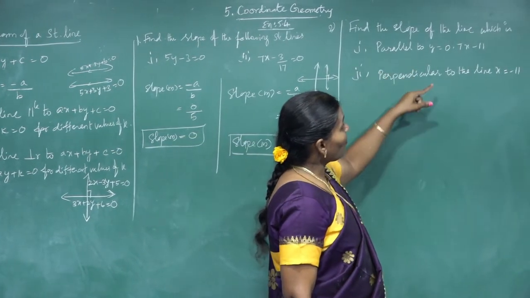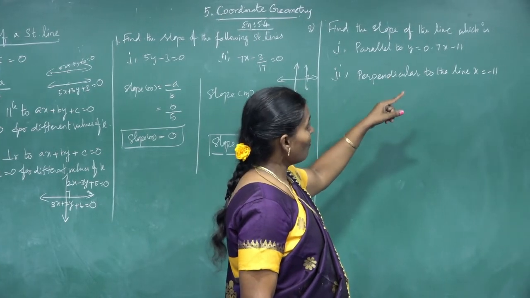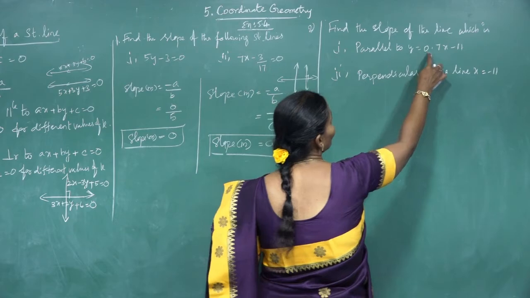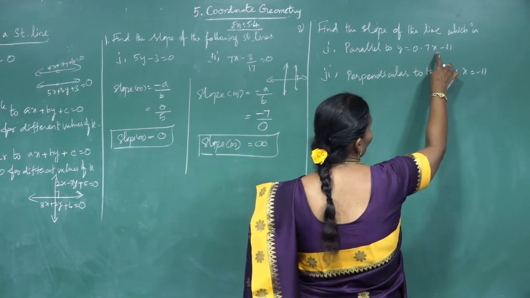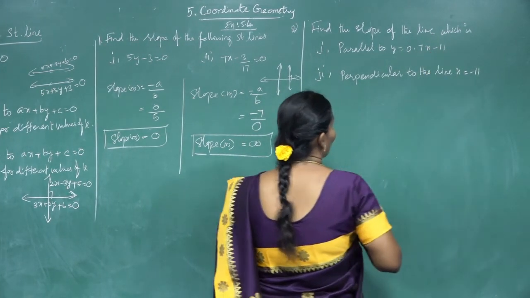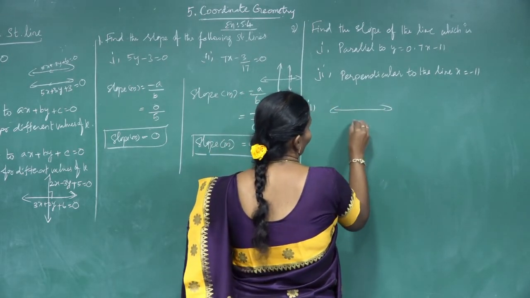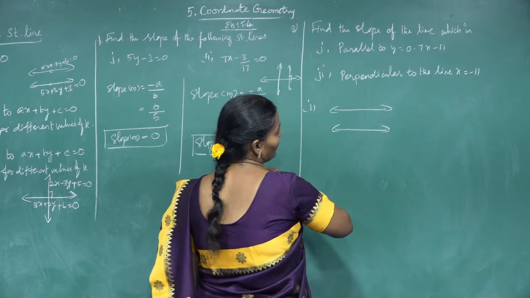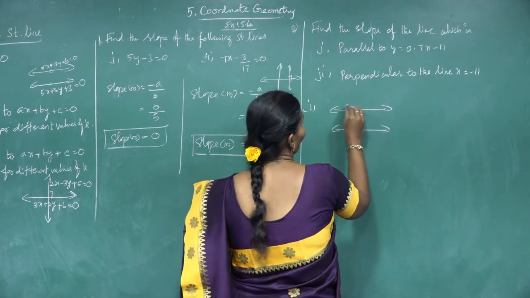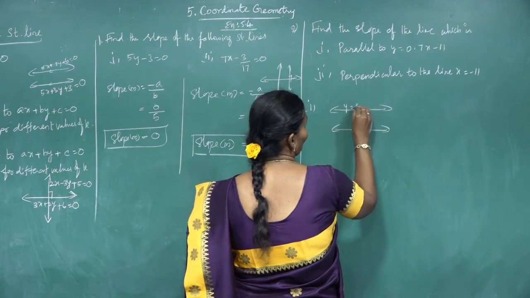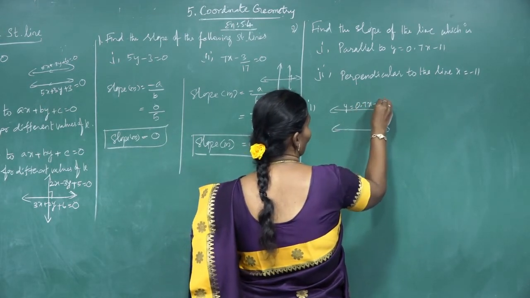Find the slope of the straight line which is parallel to y is equal to 0.7x minus 11. See the first one. Here two lines are parallel. So you consider the equation of this line is y is equal to 0.7x minus 11.